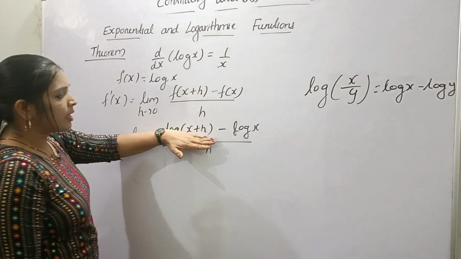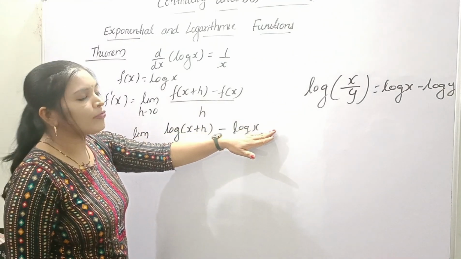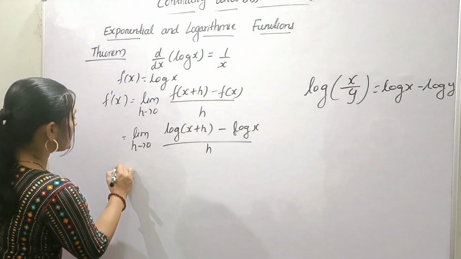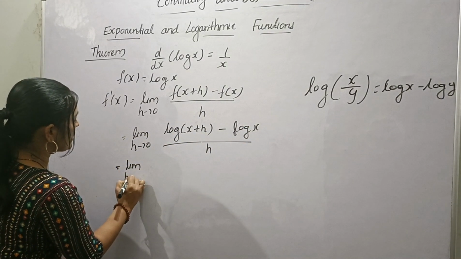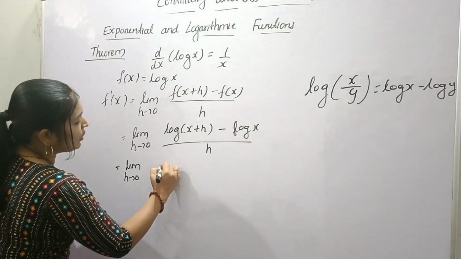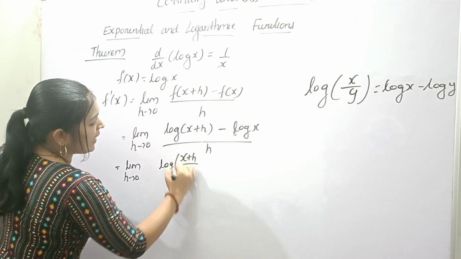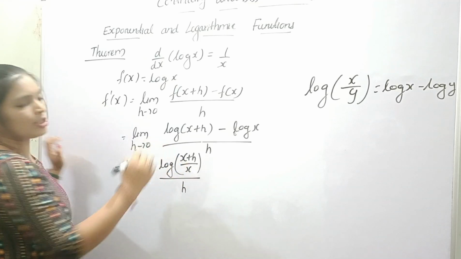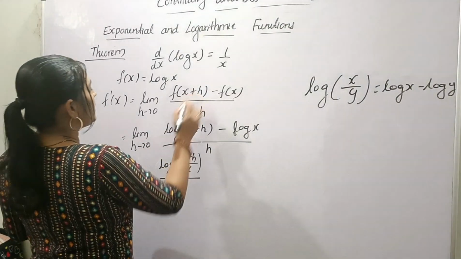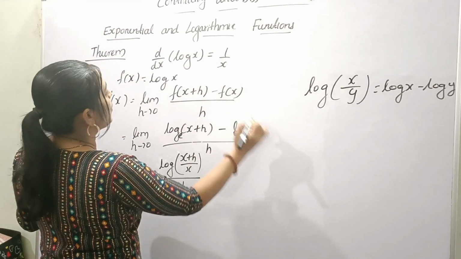Here in place of x we have x plus h, and in place of y we have x. So this can be written as limit h tends to 0 of log of x plus h divided by x, divided by h. Here the log is base e.